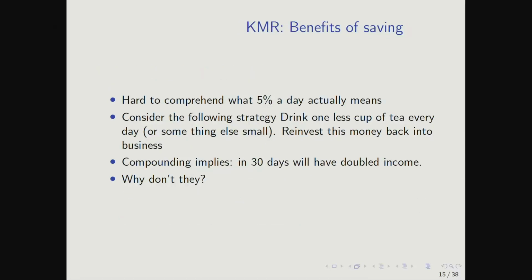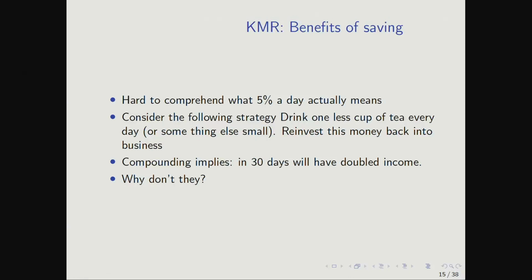5% a day is really a lot. You can write it in an Excel sheet and convince yourself that after 30 days at 5% a day, you'll be quite richer. So imagine, for example, that you drink one less cup of tea every day. So you're saving some small amount of money, and you reinvest back in the business such that you have to borrow a little less.